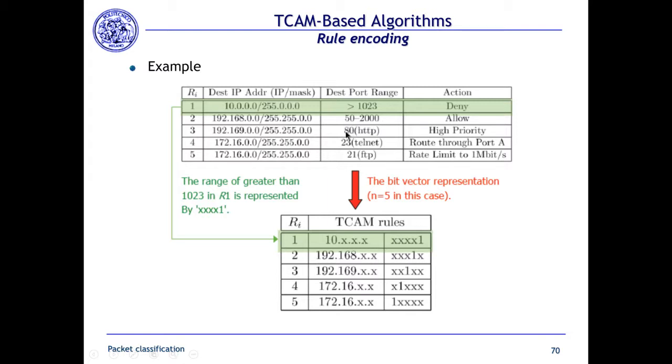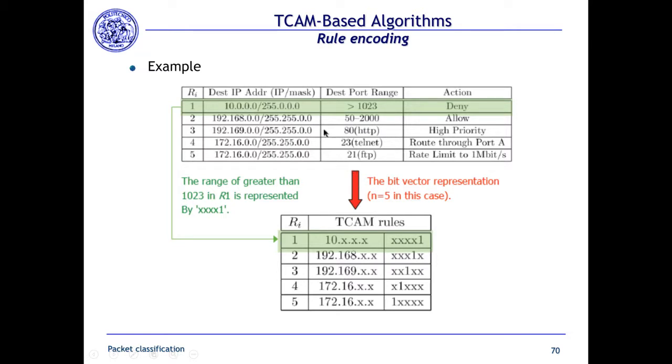Then another range that is equal to 80, and then equal to 23 and equal to 21. So instead of translating each of these ranges into a prefix-form formulation that will require an expansion of ranges, we do a rule encoding so that in the TCAM we add these columns, and in each of these columns we have all zeros in the mask and a single one in the mask corresponding to the specific range.